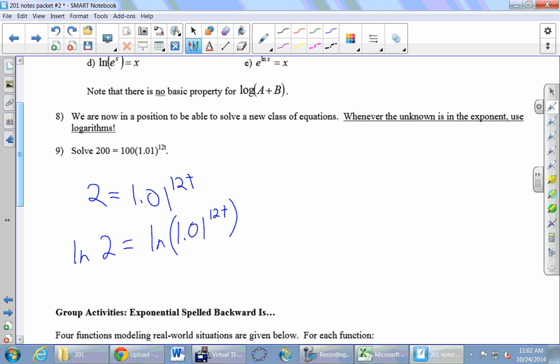Okay, so let's use that property on the right-hand side. What can we do with that 12t exponent? Yeah, we'll bring that 12t right down in the front, just like that.